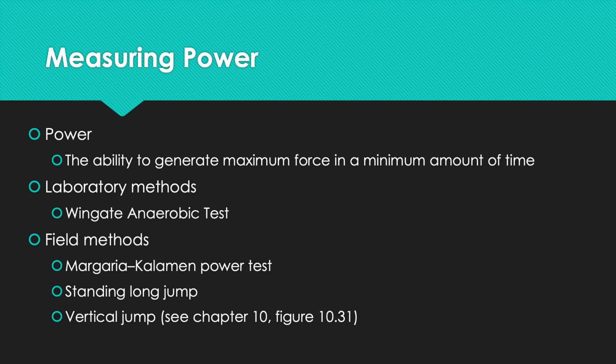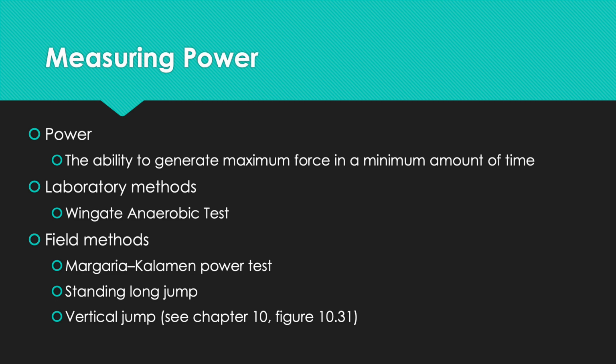Power is the ability to generate maximum force in a minimum amount of time. Sometimes this is called muscular power, which is a subdomain of power. It's also known as anaerobic power. This is unique to certain body regions, specifically arms and legs.